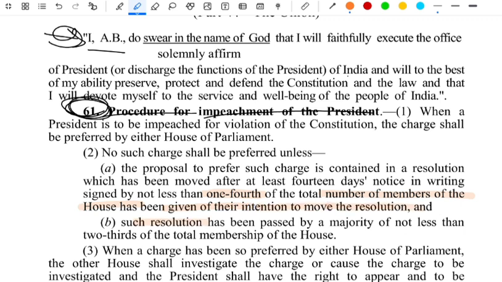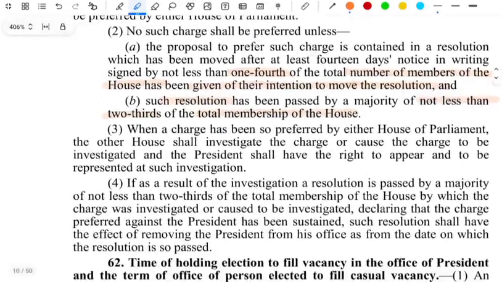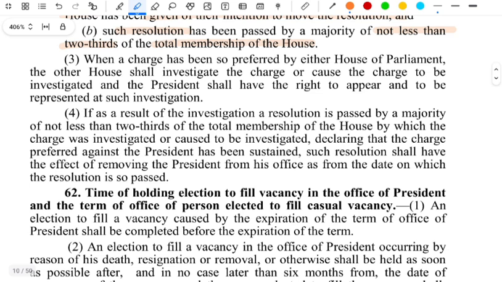Such resolution has to be passed by a majority of not less than two-thirds of the total membership of the House. Okay? When a charge has been so preferred by either House of Parliament, the other House shall investigate the charge or cause the charge to be investigated, and the President shall have the right to appear and be represented at any such investigation.